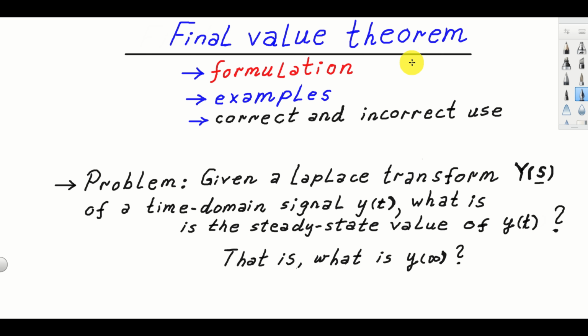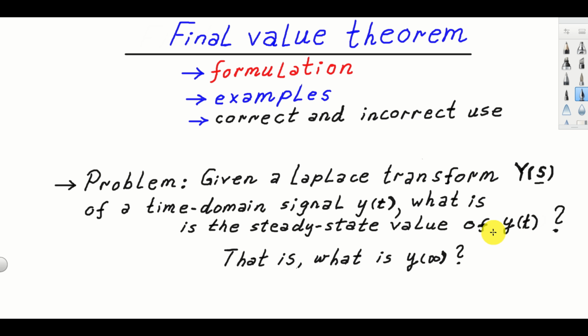So here's the problem. We are given a Laplace transform, capital Y of S, of a time domain signal, lowercase y of t, where t is time. And then, someone asks us the following question. What is the steady state value of y of t?